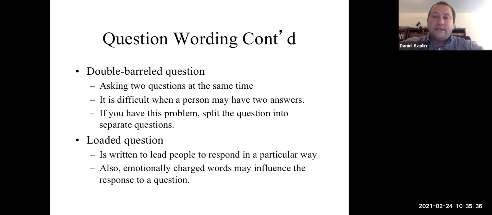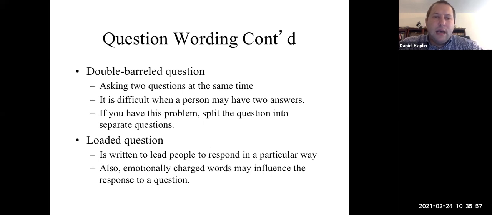So we also have double-barreled questions. A double-barreled question is when you ask 2 questions at the same time. And if you want to remember this as a way of thinking about it, think of a double-barreled shotgun. It shoots 2 rounds simultaneously, right?